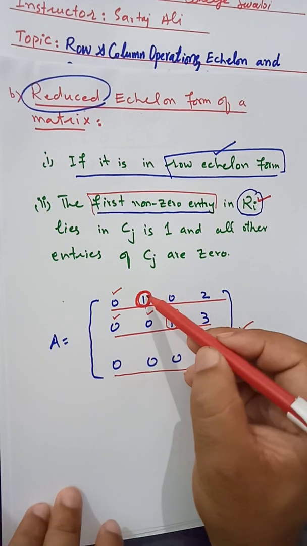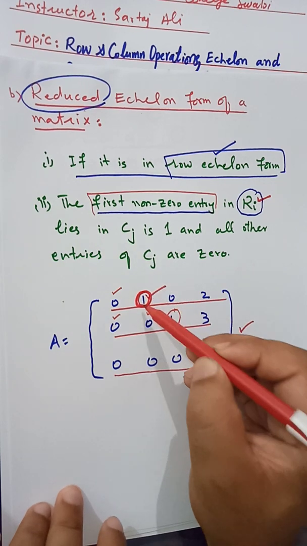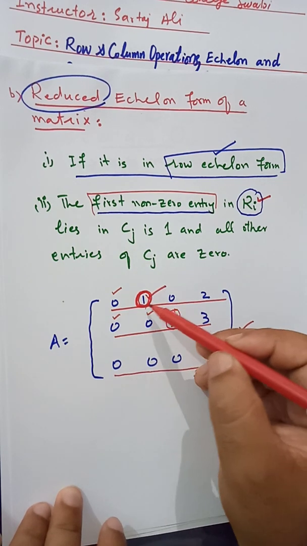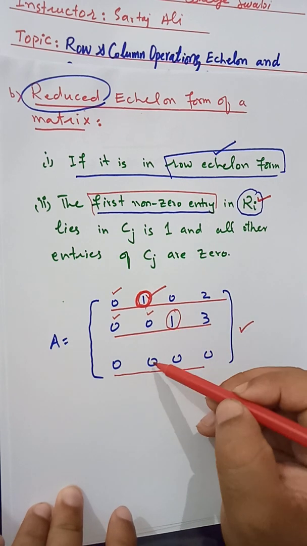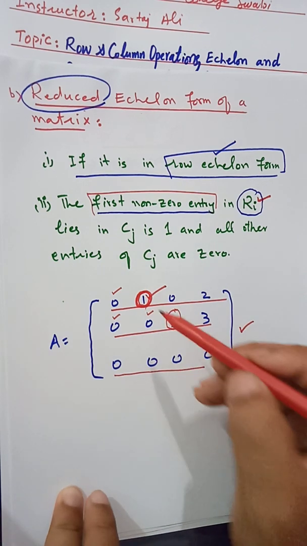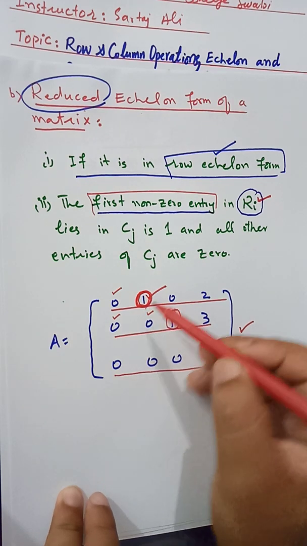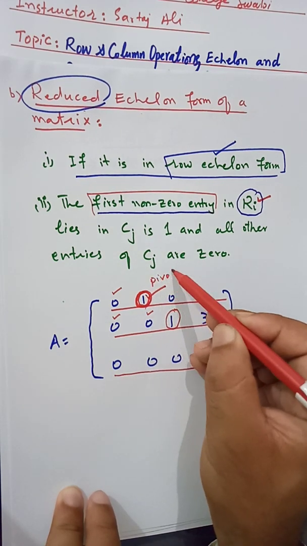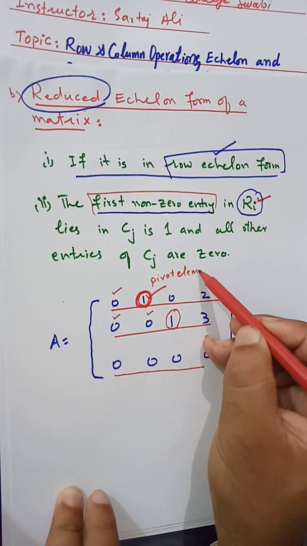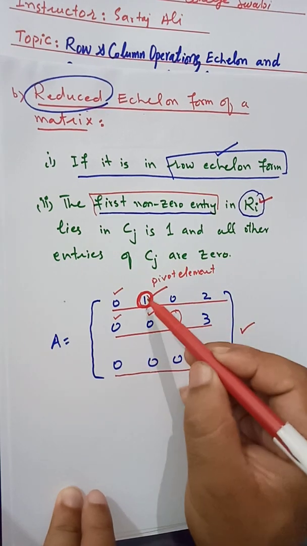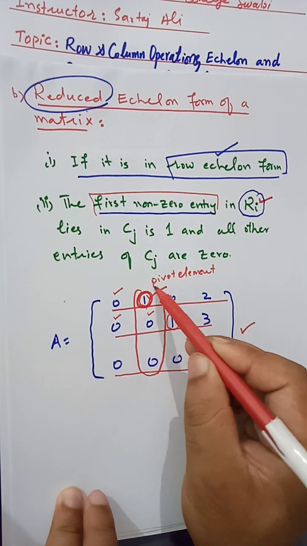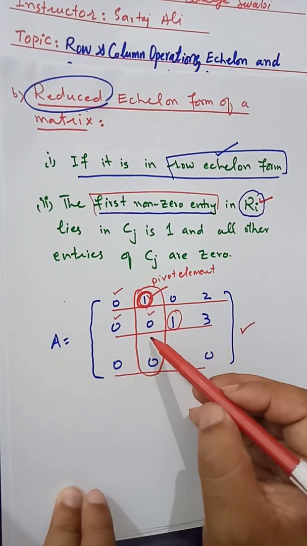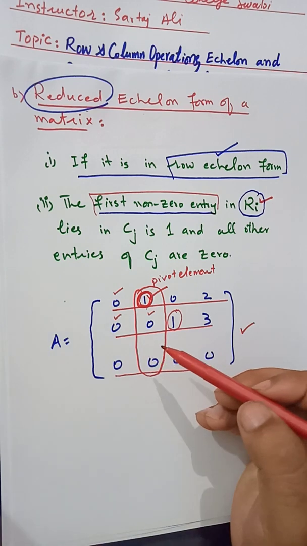So this first non-zero entry must be 1, and in that column the rest of the elements must be 0. This one is called the pivot element, and the column in which the pivot element lies is said to be the pivot column.